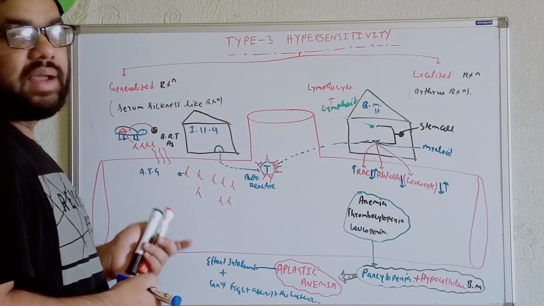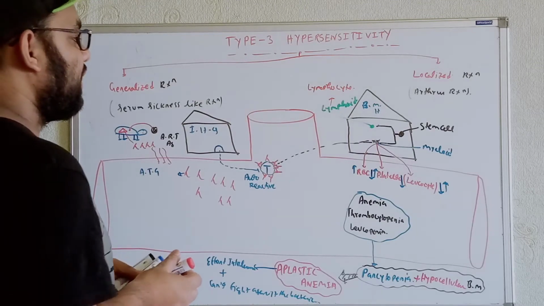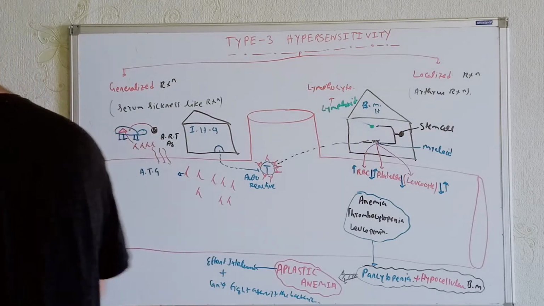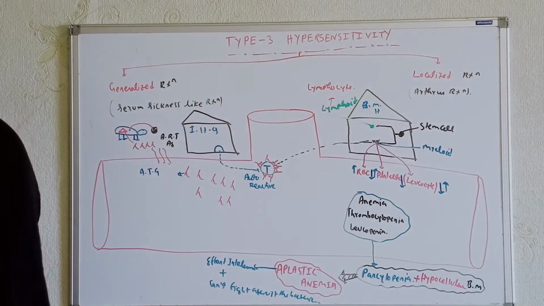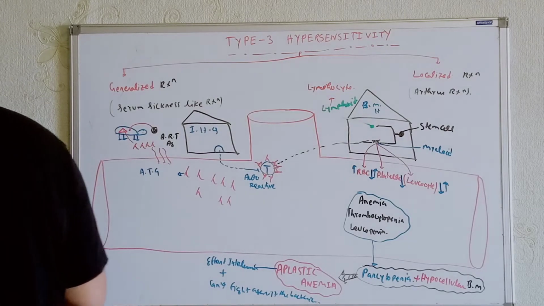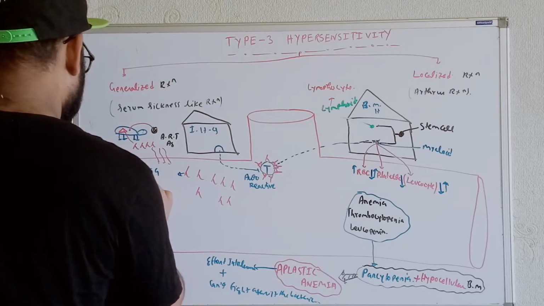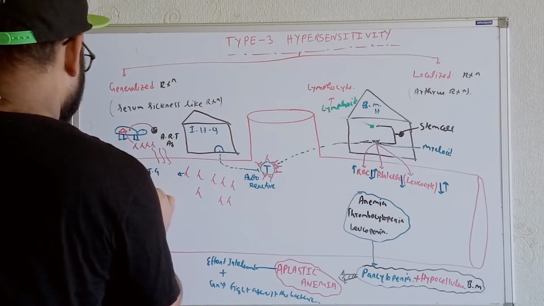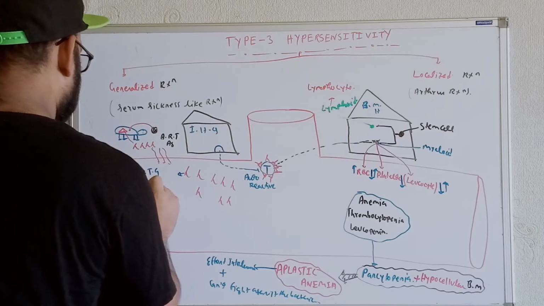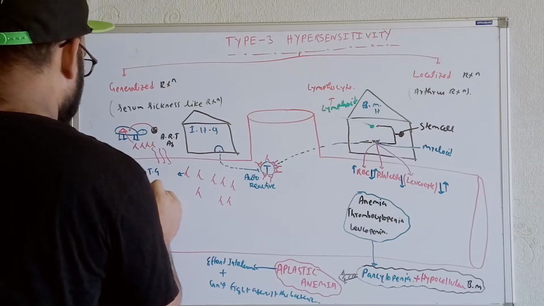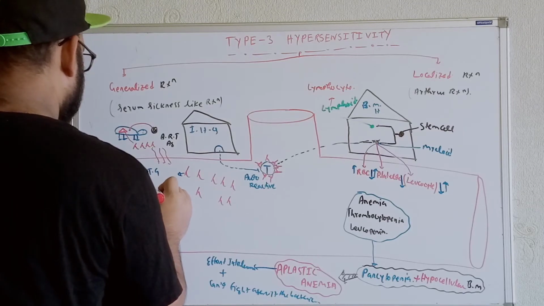They are producing the T cells over here. Okay, let's write it over here: anti-thymocyte globulin. They are producing the anti-thymocyte globulin.